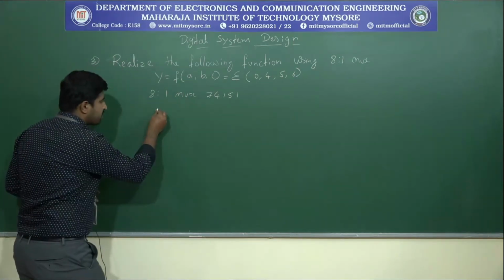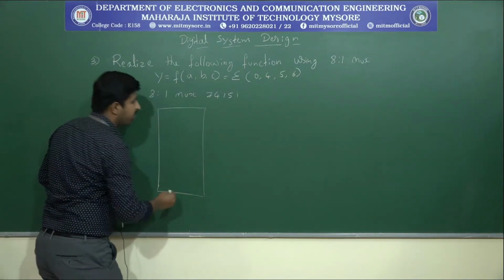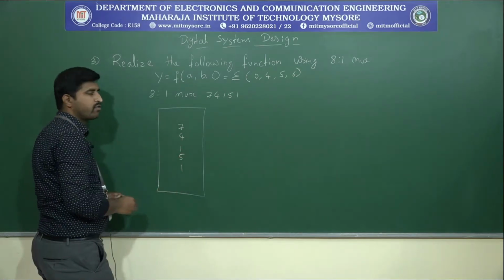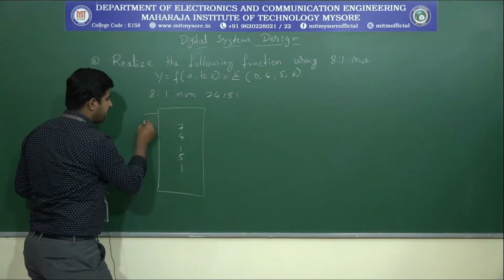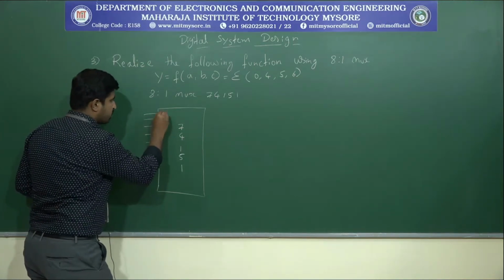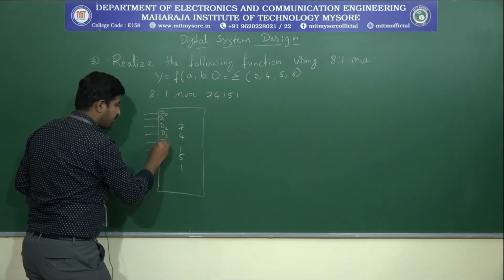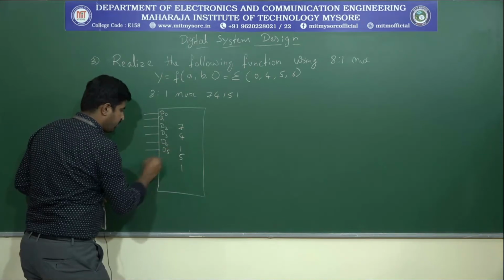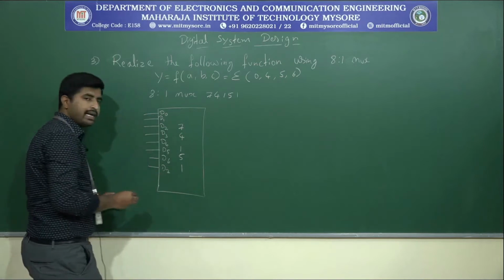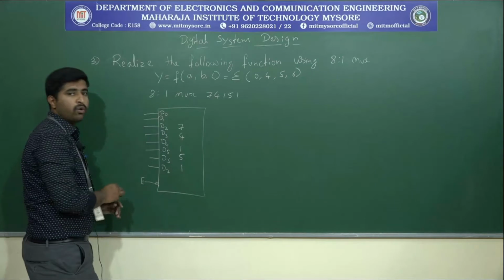So let's have the 74151 first. The 74151 is an 8:1 mux, so it has 8 data inputs, D0, D1, D2, D3, D4, D5, D6 and D7. It has one enable pin; keep in mind it is an active low pin.